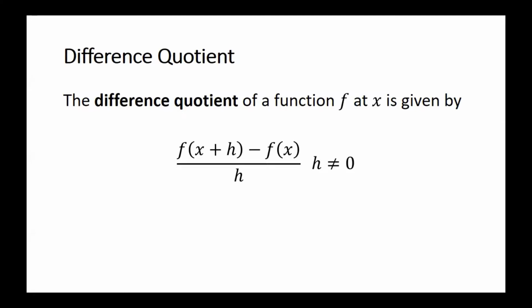Now, obviously, h cannot be equal to 0 because we're dividing by h, and if it was 0, we would be undefined. This difference quotient is used to define the derivative. We will not cover derivatives in pre-calculus, but when you get into calculus, this is the basis of derivatives, the difference between the outputs over the difference between the inputs.